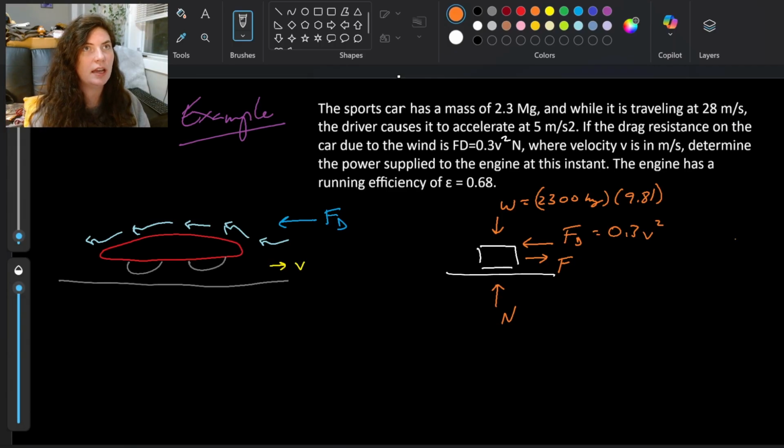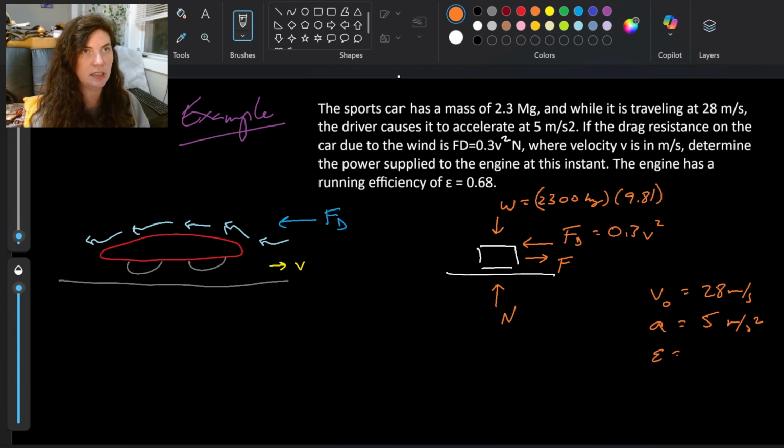While it's traveling at 28 meters per second. So our initial velocity is 28 meters per second, and the driver is accelerating at that time at 5 meters per second squared. They give us Fd, and they say determine the power supplied to the engine at this instant if there's a running efficiency of 0.68.